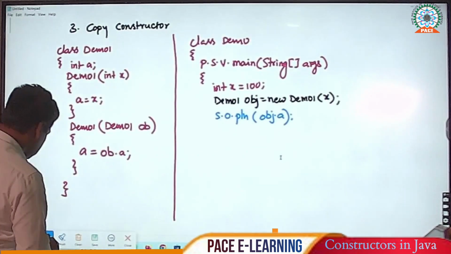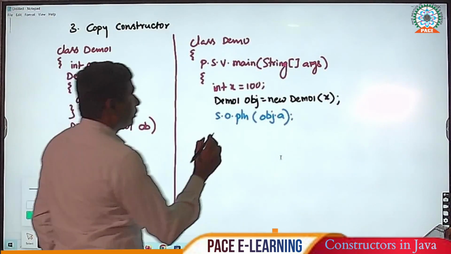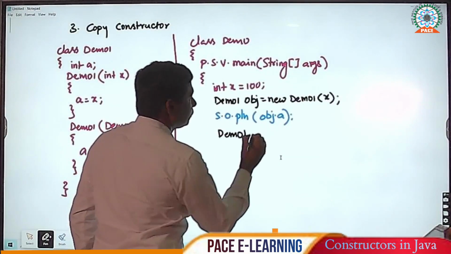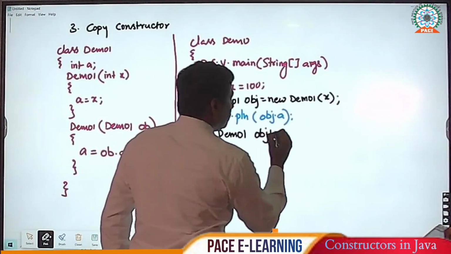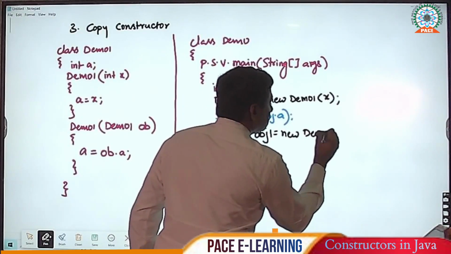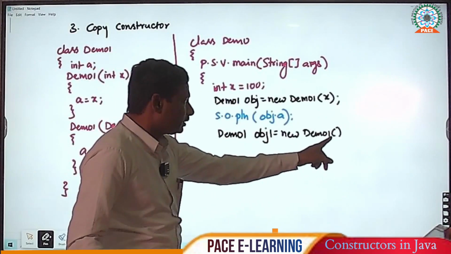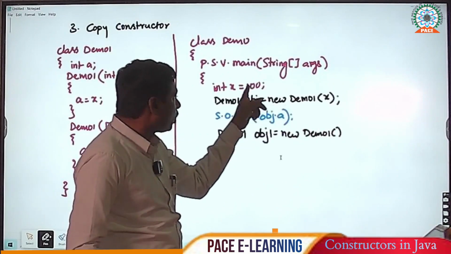As I told you, I'm going to create one more object here, that is demo 1, for example obj1. obj1 is equal to new demo 1. When I'm creating this object, I'm passing an argument, but it is not a normal variable.